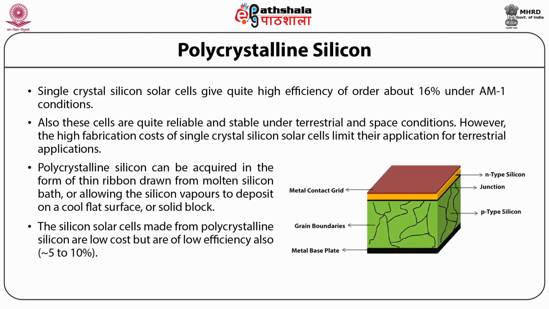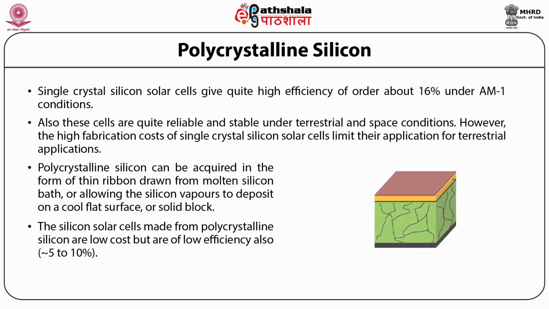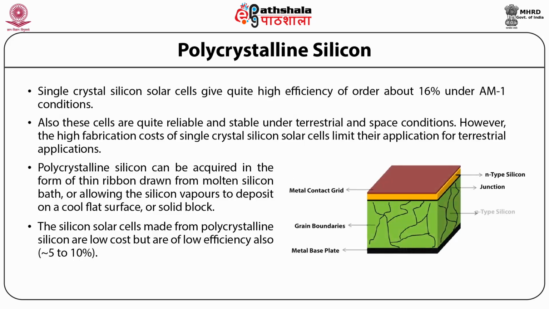By inserting a very thin insulating layer in between the metal and the semiconductor, this problem can be solved, and the solar cell is named as metal insulator semiconductor solar cells.